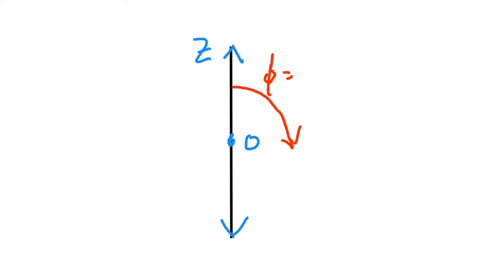90. Good, which is pi over 2. Good, Lexi. Now, if you were to measure from the positive z-axis to here, what would phi be equal to?